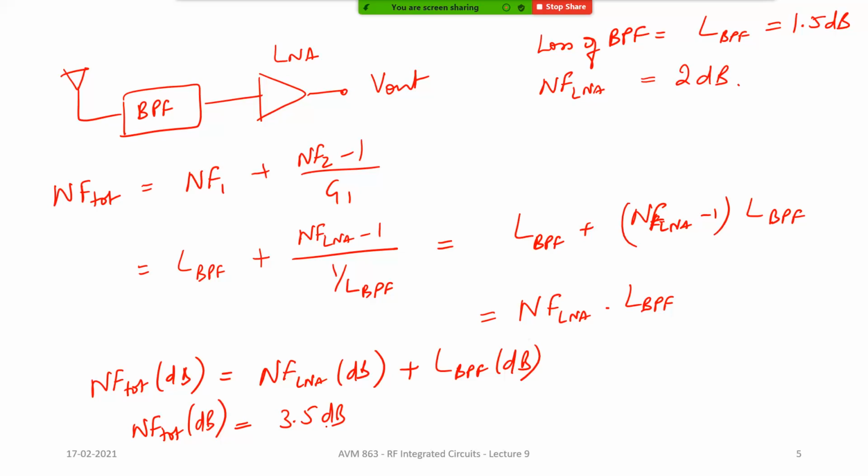So what you can see here is, because it's just the sum of these two, the loss directly gets added. Instead of just having your first noise figure coming directly, the noise figure of the first two elements gets added directly, with no impact of gain. Which is why it is very important that the first stage should not be lossy.